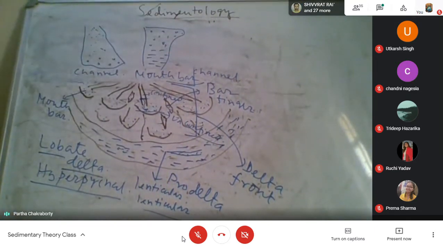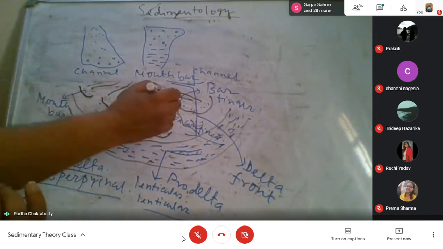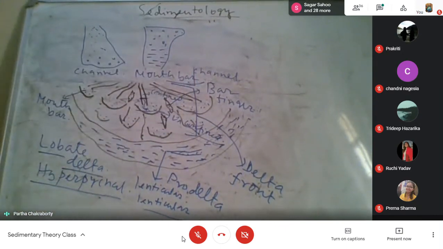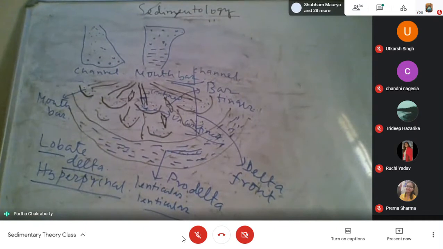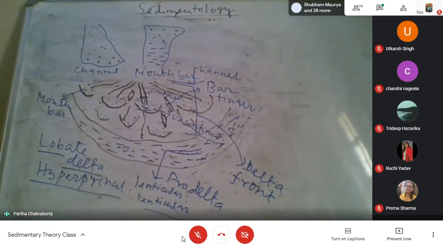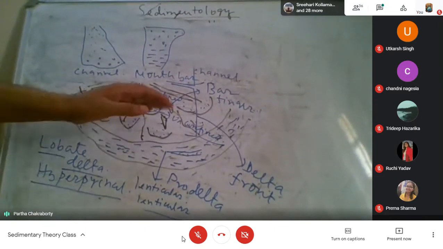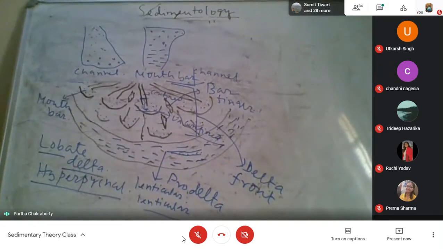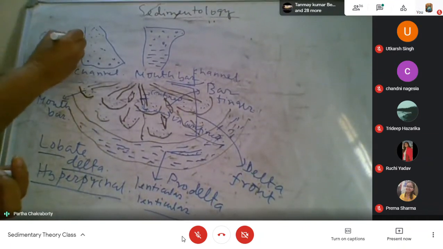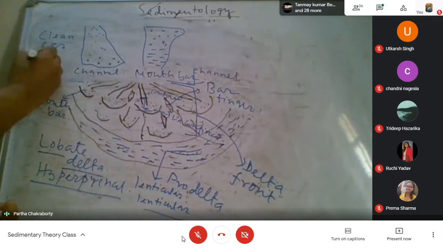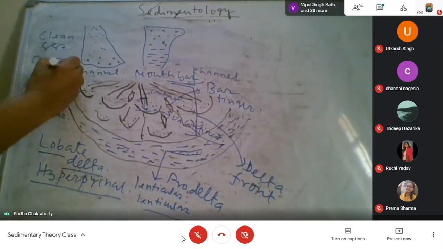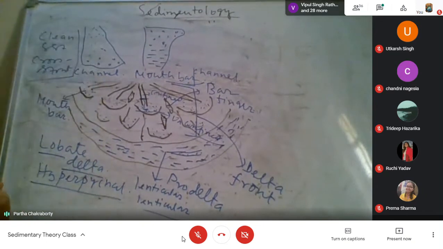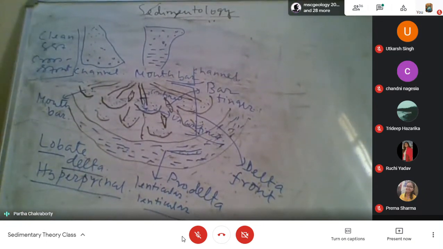And okay, now we also get another product here, that is the bar finger. Now what is a bar finger? It is very common in wave dominated settings, because of the waves, the sediments of the mouth bar sometimes get reworked, and a bar finger's typical character is that it is a clean sandstone, clean and cross-stratified, which forms because of the reworking of the mouth bars by the wave system.